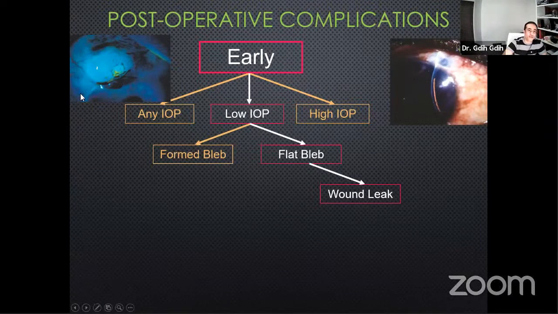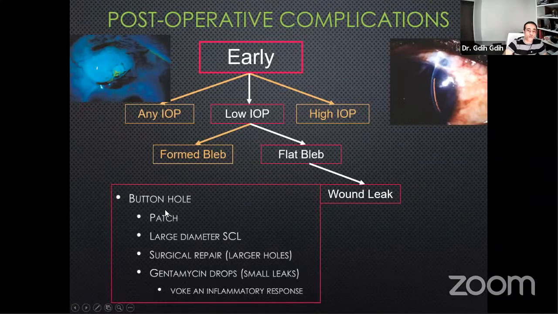We're losing it. It's going outside. So that means you have a wound leak. So wound leak, or it's probably a buttonhole, you can either patch or use a large diameter scleral contact lens or surgical repair, or gentamicin drops as well. You can evoke inflammation by using that.